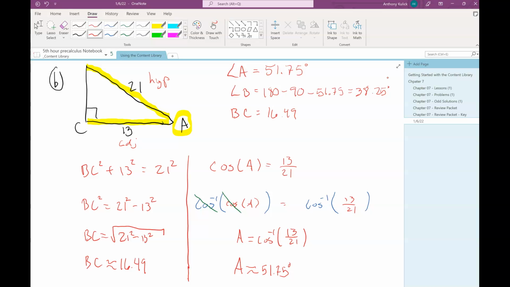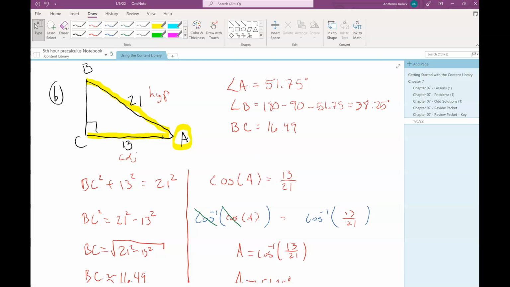So a nice quick check that I can do for a problem like this is go, okay, so we had here A was 51.75, B was 38.25, and BC was 16.49.